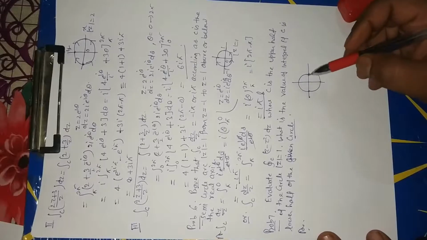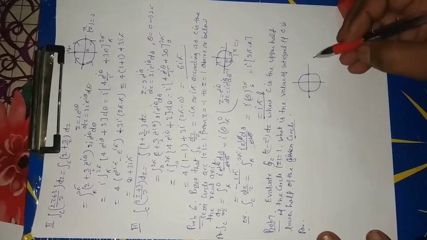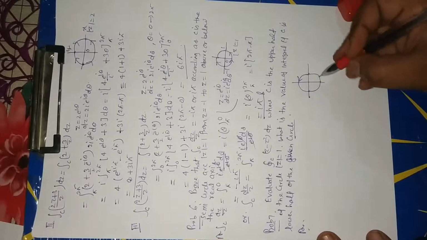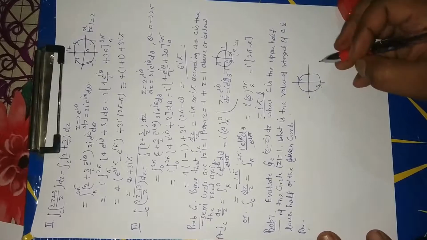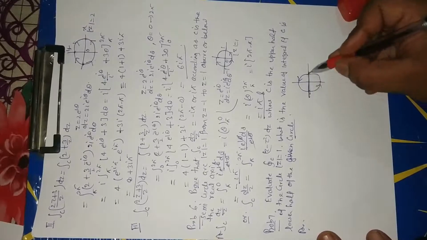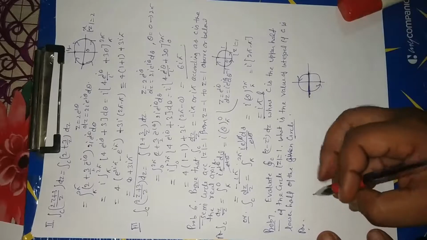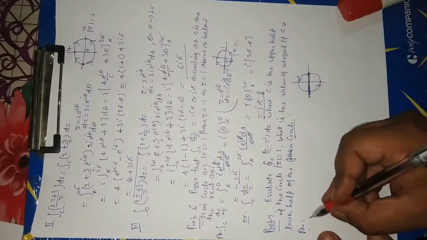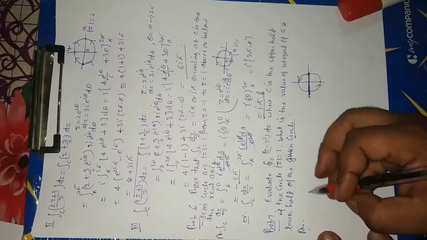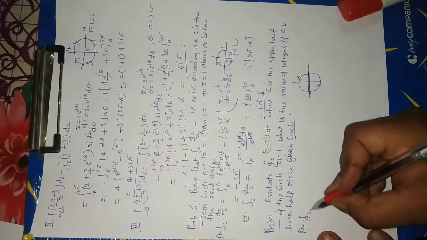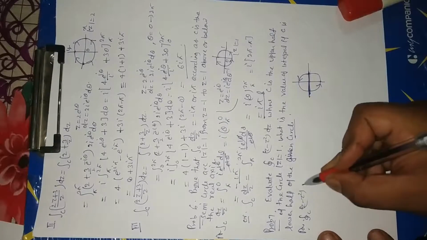This is the upper half and this is the lower half. Now this is the break point. Now in the first case, in the upper half, the integral over C of z minus z square dz.